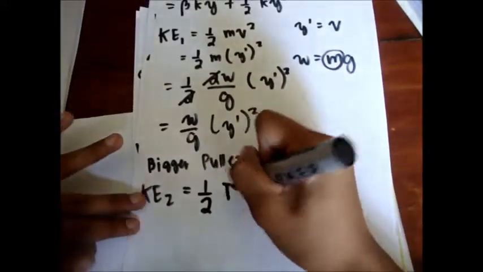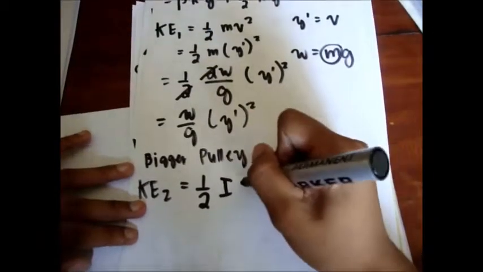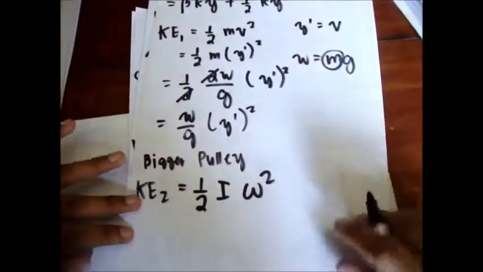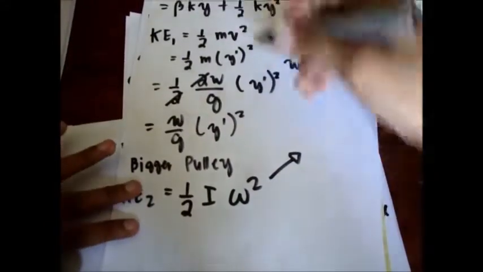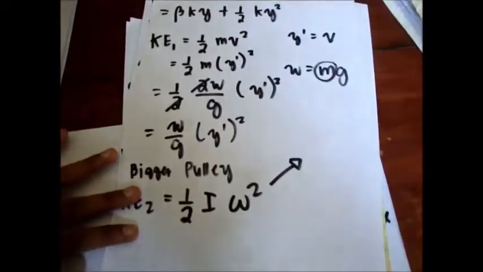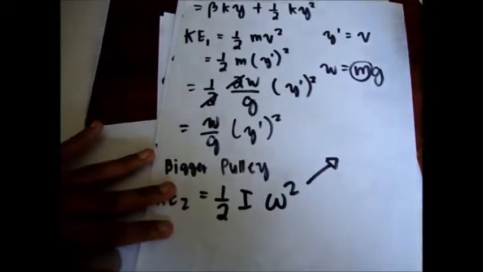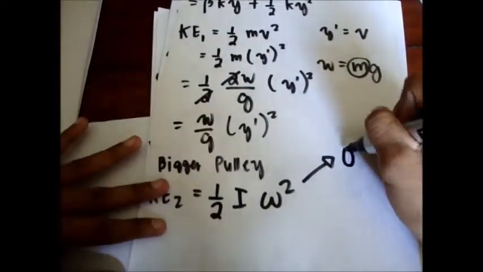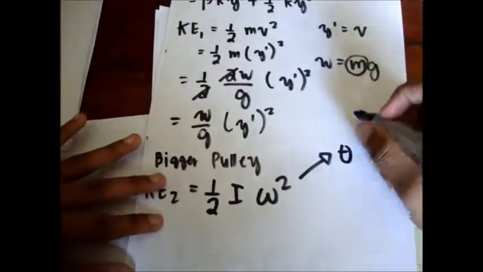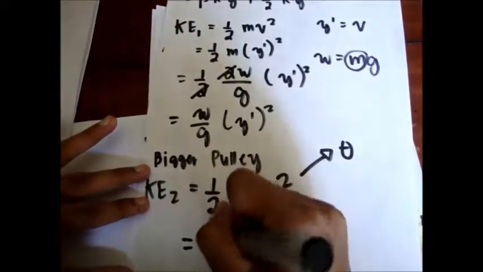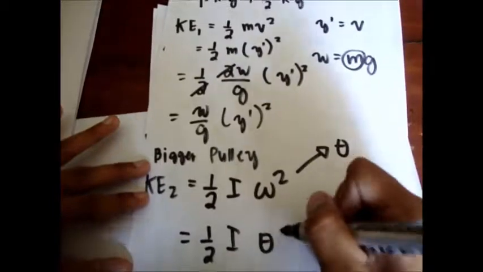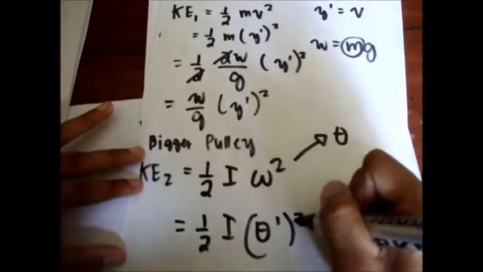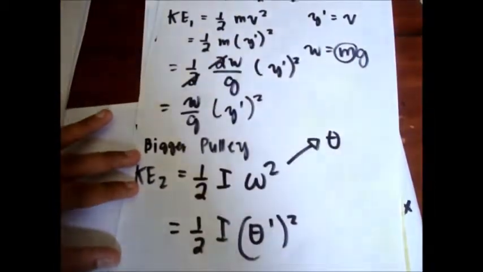So 1/2 I times the angular velocity squared. Our angular velocity uses theta, so KE2 is 1/2 I theta prime squared.